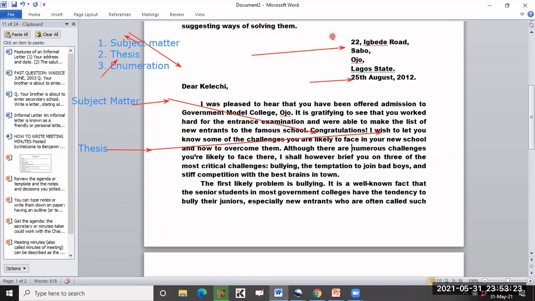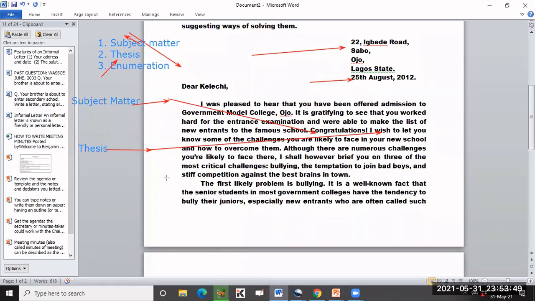Well, let's do a little correction here. You compete against, all right? Stiff competition against the best brains in town. So this obviously is your enumeration.